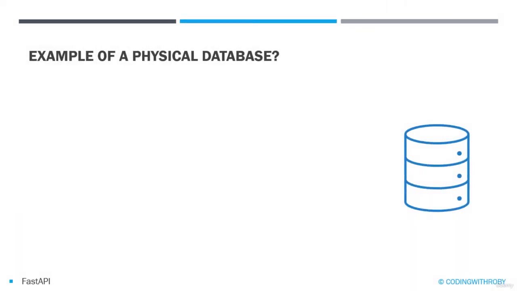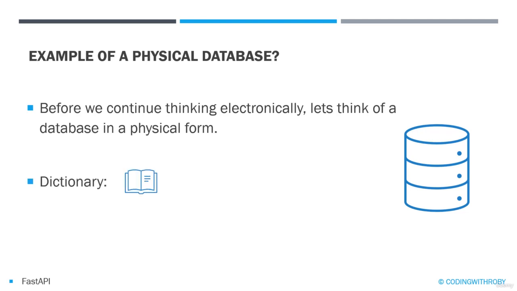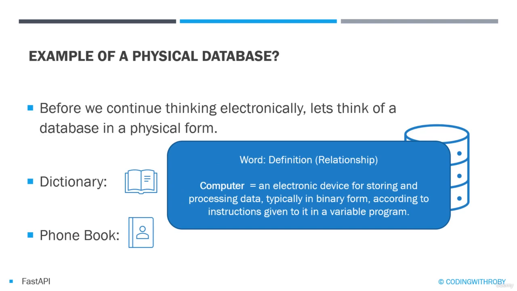So let's look at some databases before we go into computing. Before we continue thinking electronically, let's think of a database in a physical form. One example of this would be a dictionary, while the other may be a phone book. Now, a dictionary has a word and definition relationship.